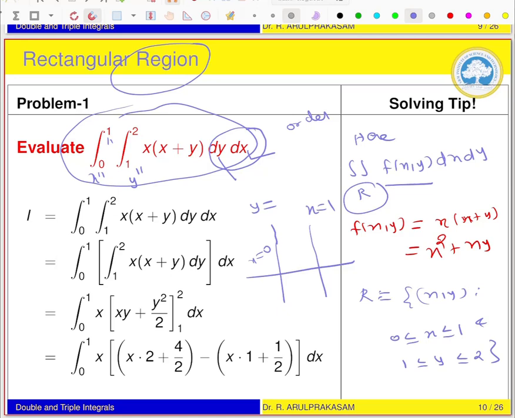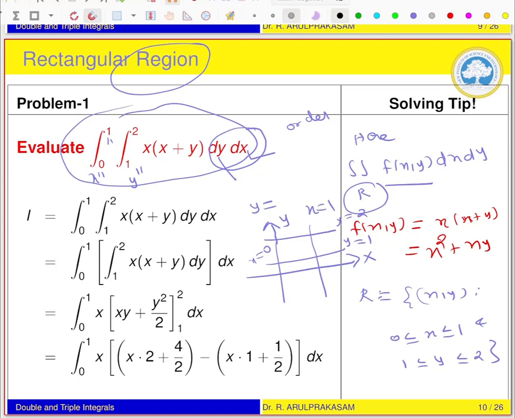Next, y is equal to 1. Suppose this is the x axis and this is the y axis. So I am taking y is equal to 1 and y is equal to 2. The area covered by the four lines is our region of the integral.